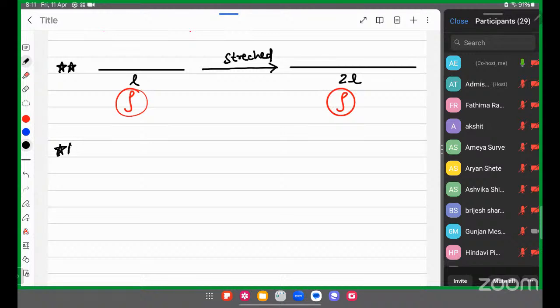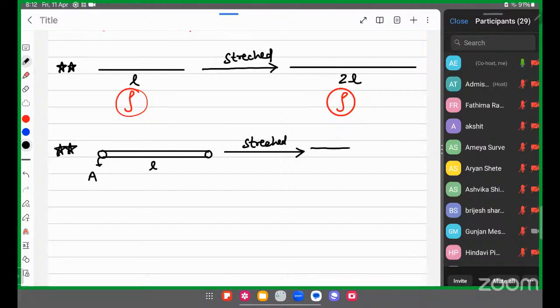Third point, if we have a wire with certain length L and with certain area of cross section A, and this time this wire is stretched in such a way that the length of the wire is double and its cross sectional area will be what?